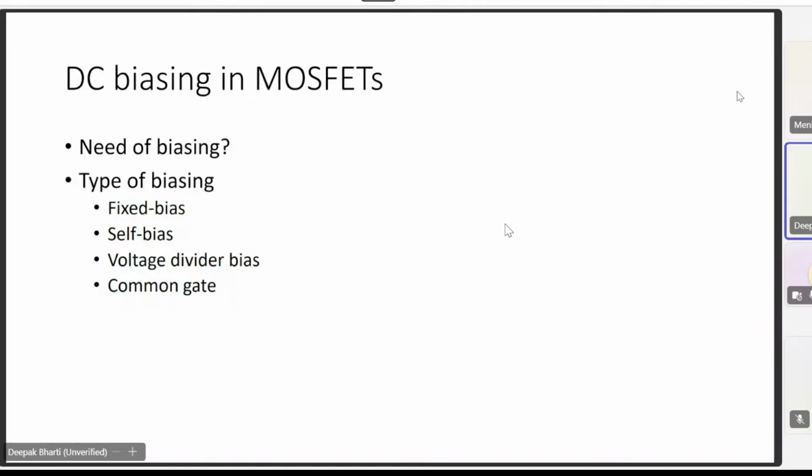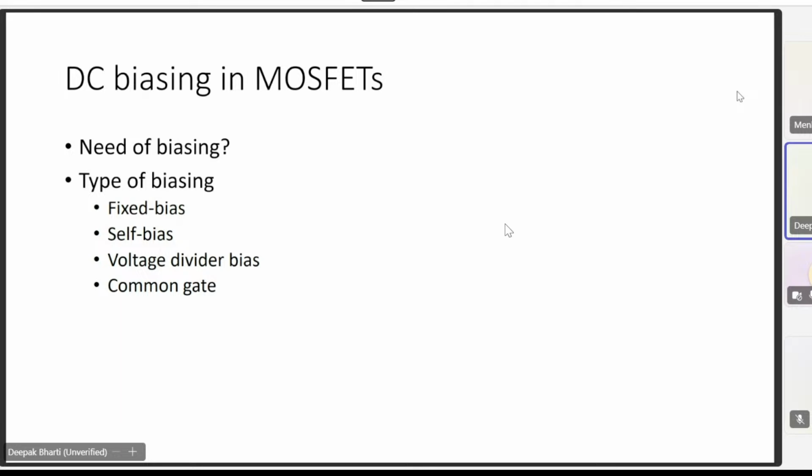In the previous classes you might have studied the main regions of operation of the MOSFET: cutoff, linear and saturation. Depending on the values of the resistors and the voltage supply, its region of operation can be changed.